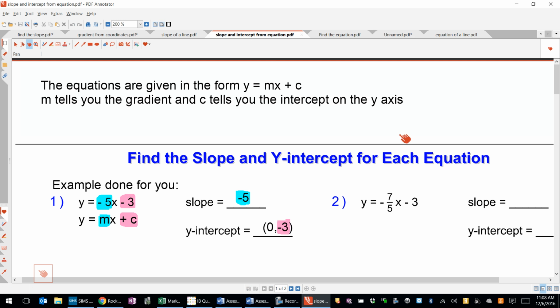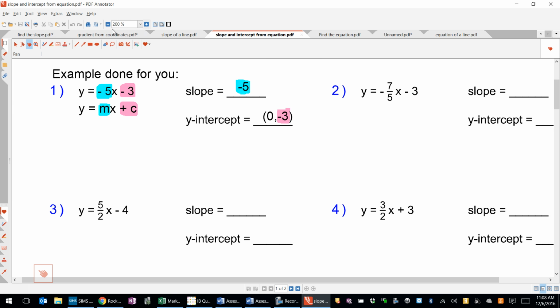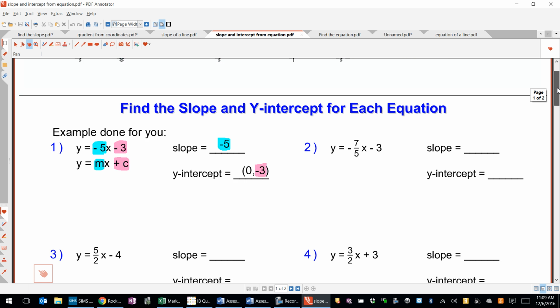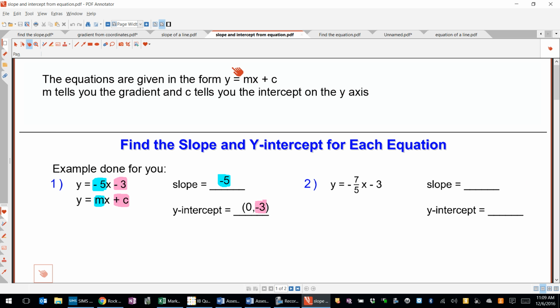Right, what I want to do, because not everyone is ready for the answers here, is go through it, because this is where we really start getting to the point of what you need to understand. This sheet was about introducing you to the form of the equation y equals mx plus c again.